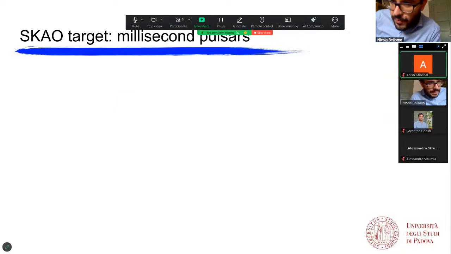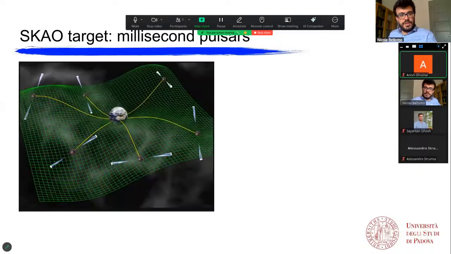And the way it's going to do it is just by discovering and targeting more millisecond pulsars. We know that in our galaxy there are multiple millisecond pulsars.